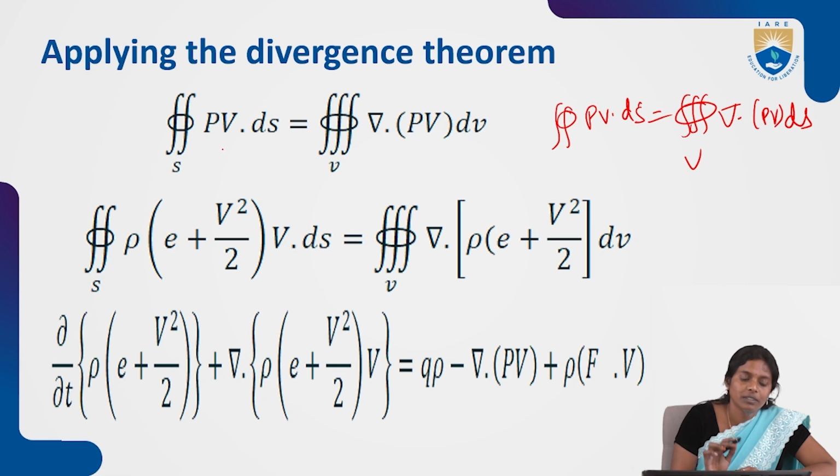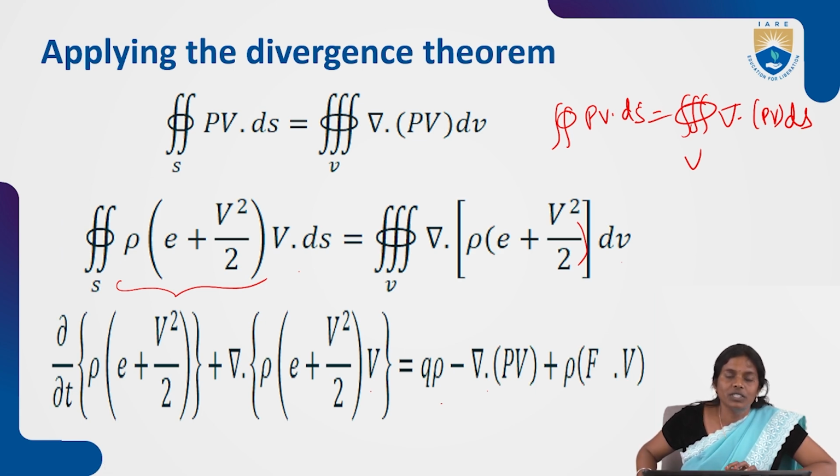Here we have the surface integral of rho into E plus V square by 2 times V dS. This one we can convert into del dot of this entire term, that is del dot of rho into E plus V square by 2 times V. If we take the volume integral out, we are left with the partial derivative with respect to t of rho into E plus V square by 2, plus del dot of rho into E plus V square by 2 times V, equal to the volume integral of q dot rho, minus del dot pV, plus rho f dot V. So this is after converting the surface integral into the volume integral by using the divergence theorem.